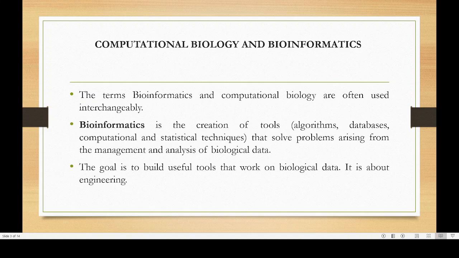Such sets of rules are known as algorithms. In computers also, there is a set of rules for finding an answer. For example, if you want to find the average of certain numbers, you have to follow certain rules: this is the first step, second step, third step. That sequence of steps is known by the name algorithm.